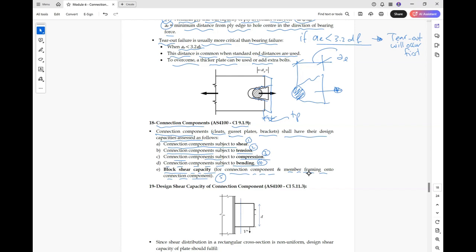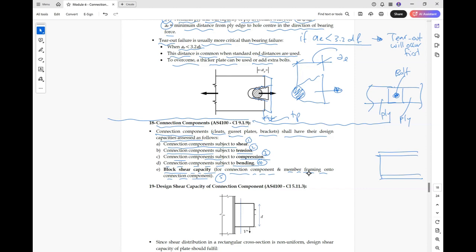So again, up to here, we were designing the bolts. For example, if we have these two plates in plan, we have designed or checked the bolt and checked the two plates to be connected together. In some connections, similar to a beam to column connection, for example, we need to have a cleat.